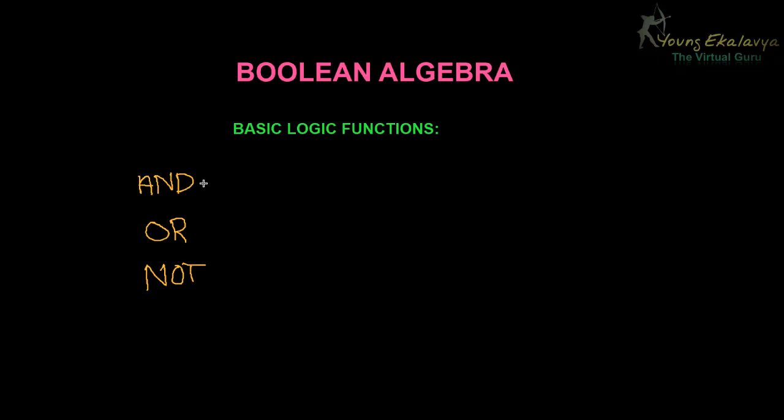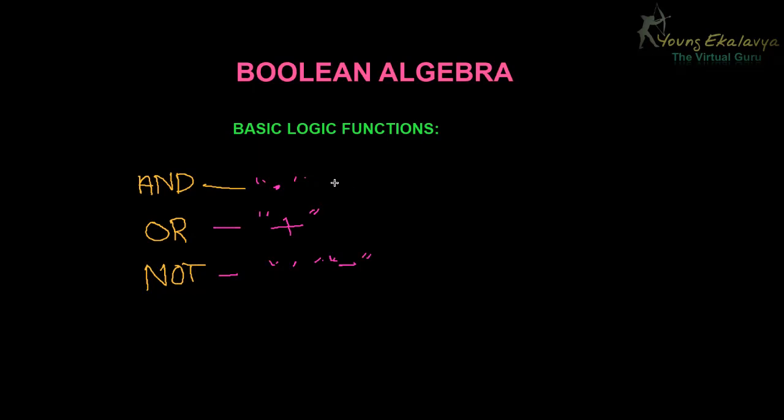Now this AND function is represented by a dot, and the OR function with a plus symbol. NOT means a negation, so we represent it with this symbol, or this one. This negation, or complement, is what we call NOT.